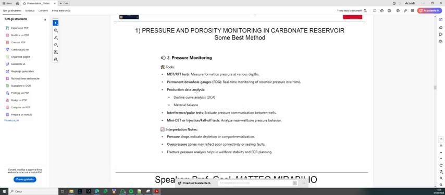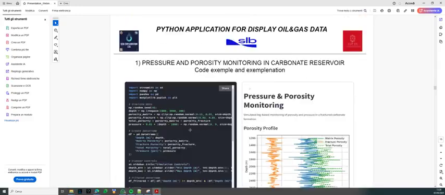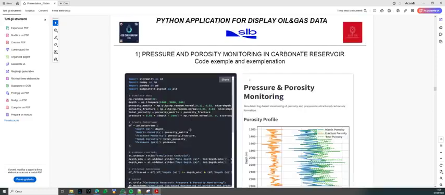Especially if you want to manipulate pressure and porosity in an artificial way, generally we use fracking techniques, and it's clear that if you use fracking techniques, you need to make strong planning and analyze the environmental aspects, but also the seismic aspects and all kinds of aspects that can be involved in fracking operations.